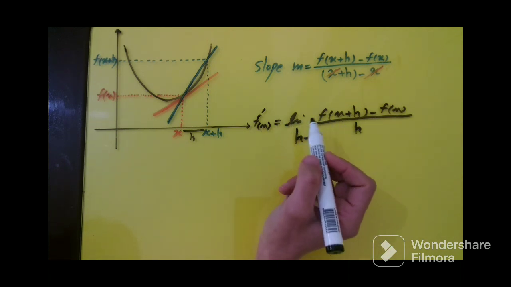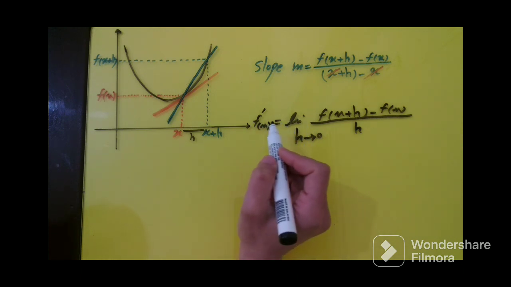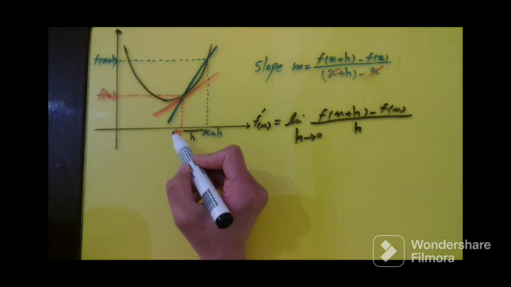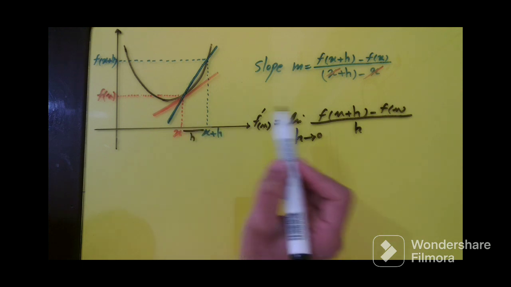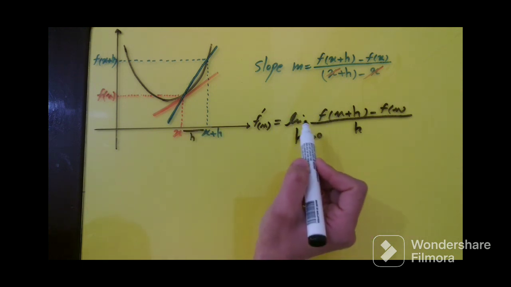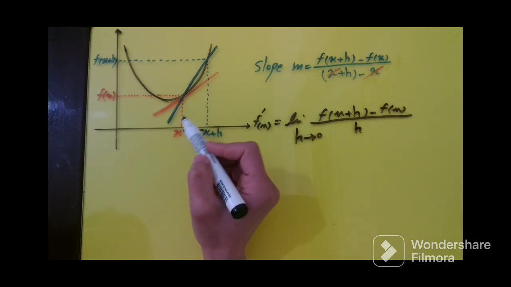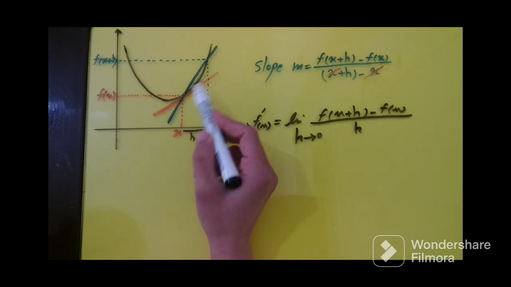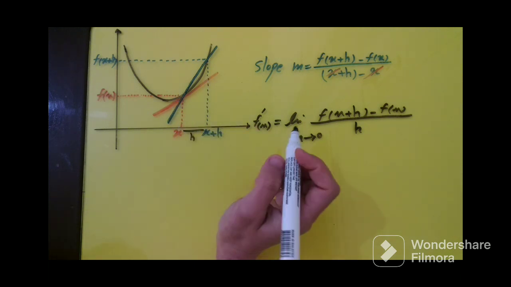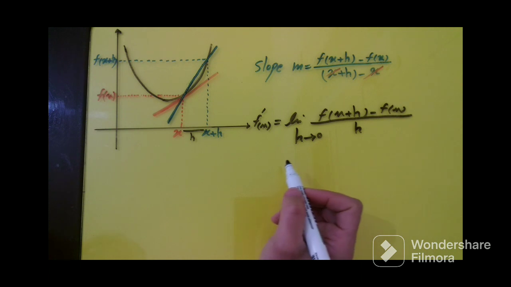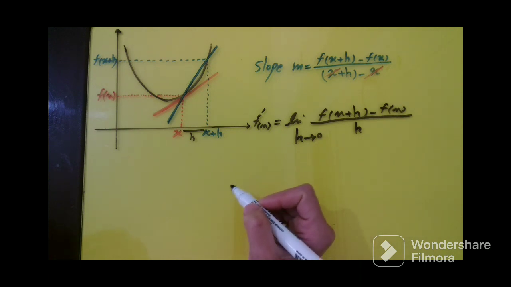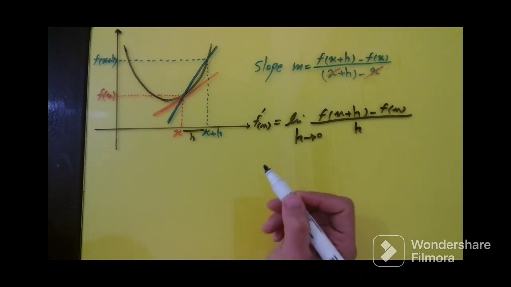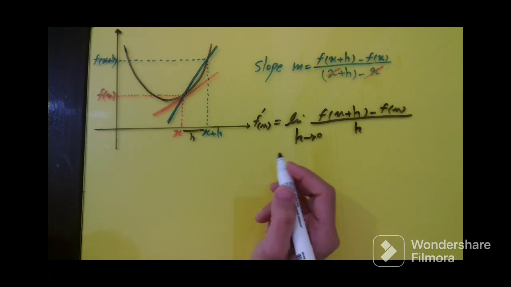It says if we put the x of the touch point in this formula, we can find the slope of the tangent line at the touch point. Now I'll solve some examples for you to figure it out better.